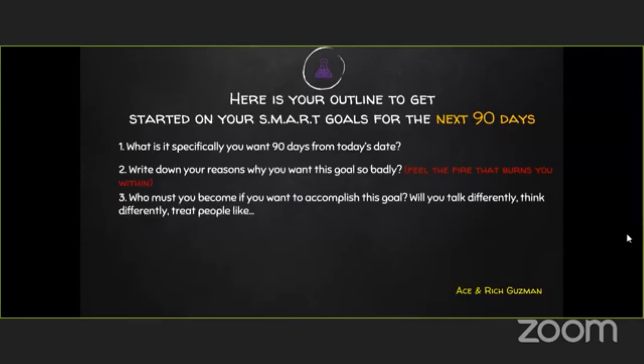Who must you become? Let's say you want to accomplish this goal so badly, but what's going to happen to your overall demeanor, right? Who must you become, transform into if you want to accomplish this goal? Will you talk differently? Will you start thinking differently? Are you going to start treating people a specific way? Write it down. Be specific. Some things to throw out here to help you.